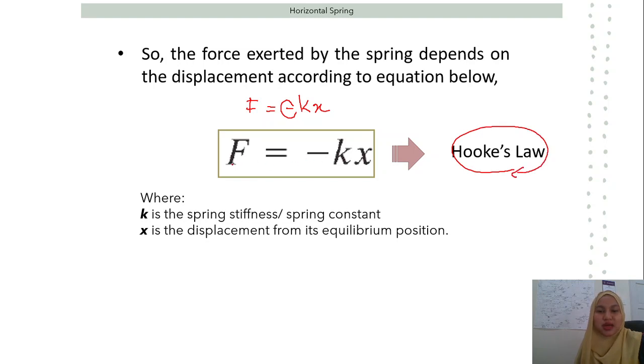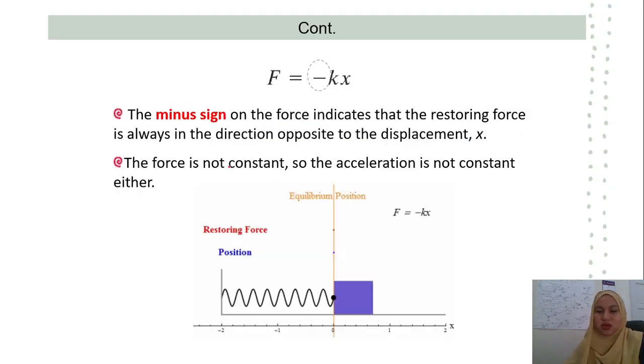F represents the force, of course in Newtons. The negative sign means F and X are in opposite directions. K is the spring constant or spring stiffness, with unit Newton per meter, and X is the displacement, so the SI unit should be meter. So this one is Newton per meter, this one is meter, and this one is Newton.